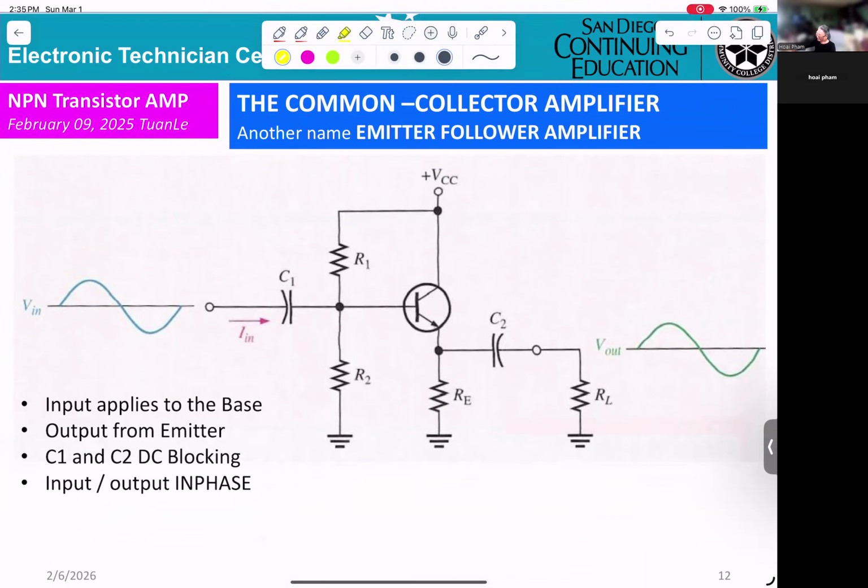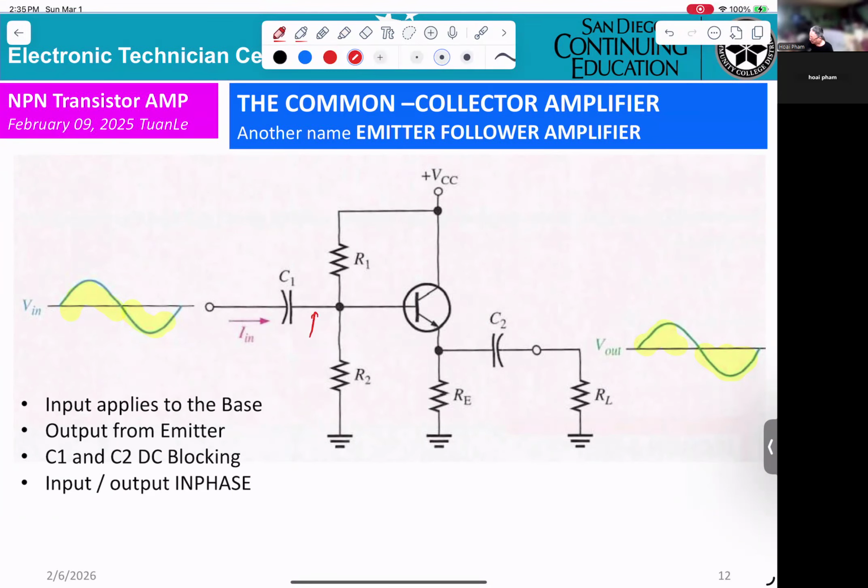If you get a sine wave coming in, you get a sine wave coming out in phase. Input applied to the base, output from the emitter.